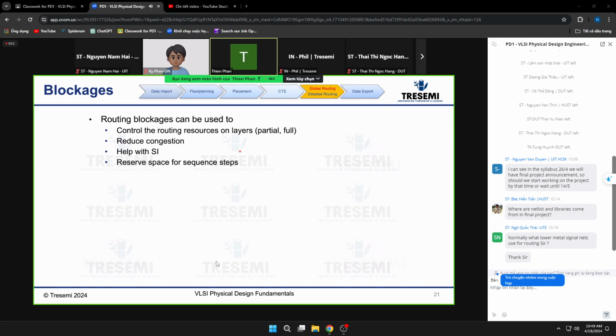You don't want to say in the early stage of the design, well, I'm not blocking anything, and then the router has plenty of routing resources and you route with no issue. But later on, when the design is more mature, more macros come in with more metal in them, and then you start seeing the congestion, right? So you don't want to do that.